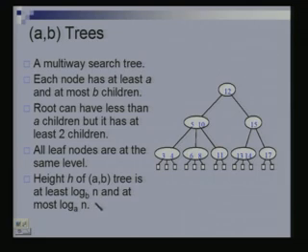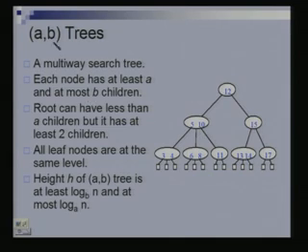So, there would be a plus 1 here perhaps, but these would be roughly the bounds. And this is an example of a 2-3 tree, as you can see, every node has at least 2 and at most 3 children.